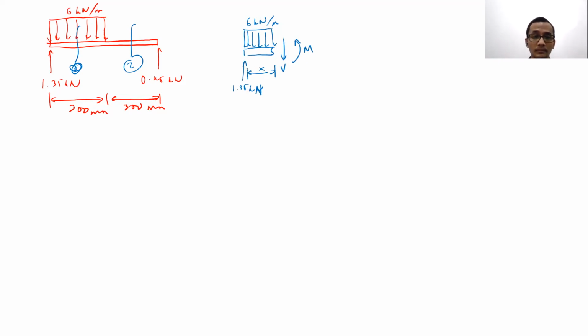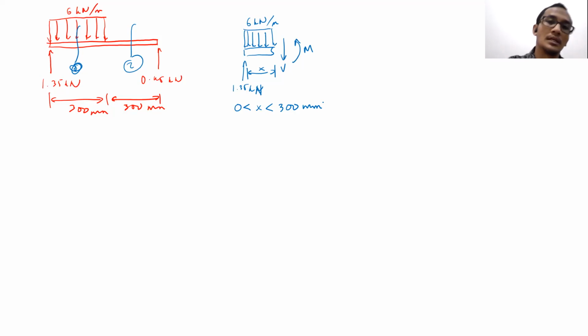Now, for this one, all the equations are supposed to be valid from 0 until x equal to 300 millimeters, right? Yes. Okay. So now, which one do you want to calculate first, V or M, the shear force or the moment? I think the V. Okay, the shear force.